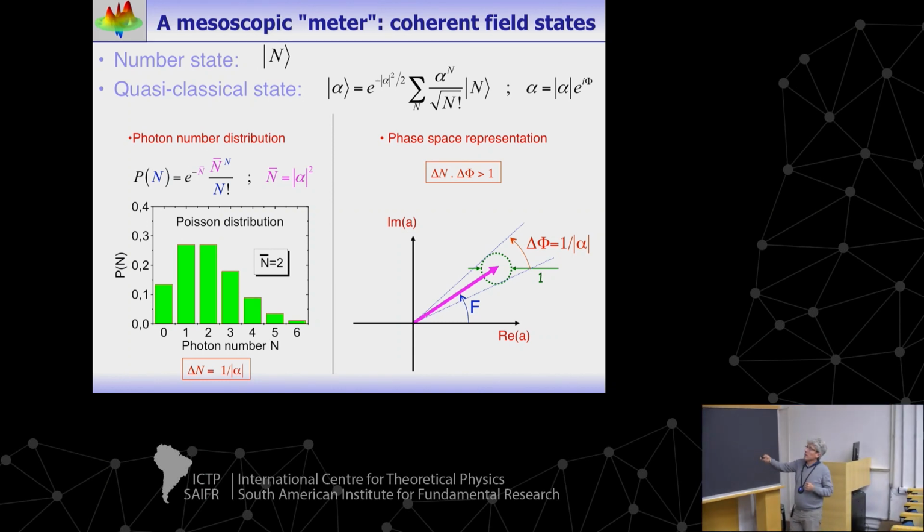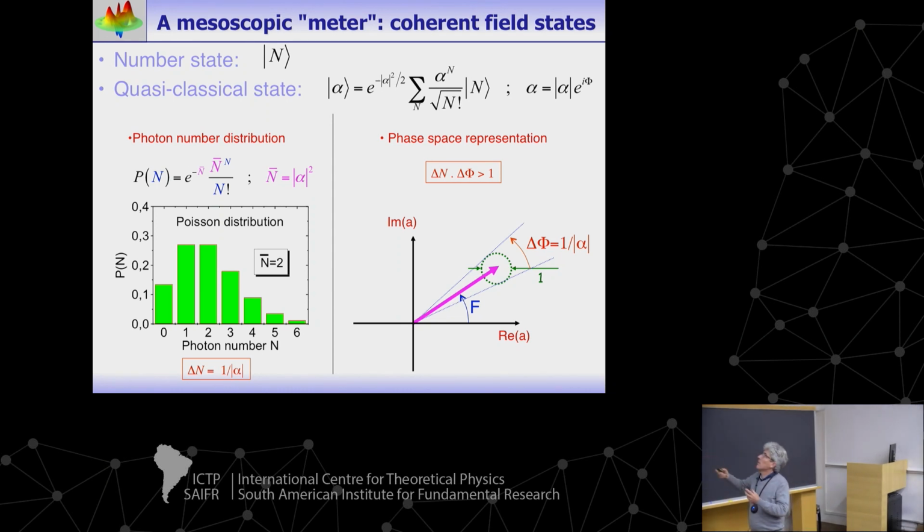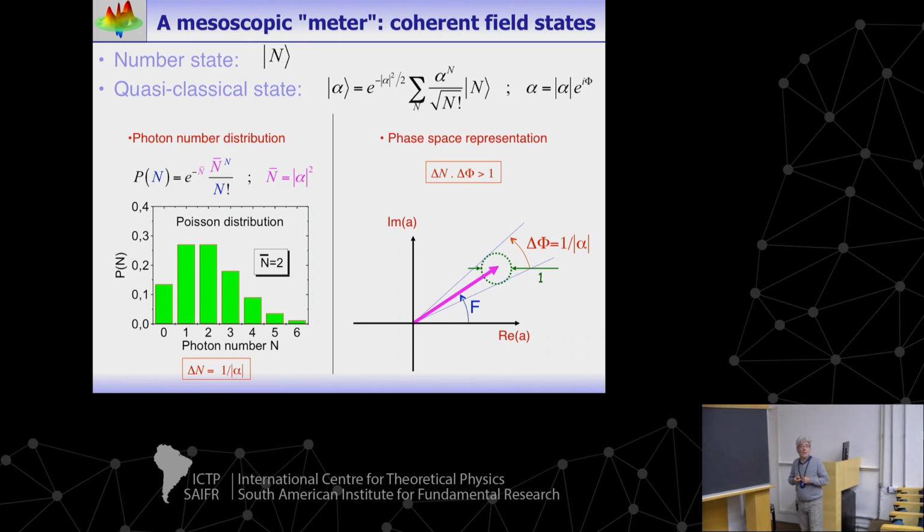And in this dimensionless space, where the complex amplitude squared has the dimension of a photon number, the diameter of this fluctuation circle is about 1.